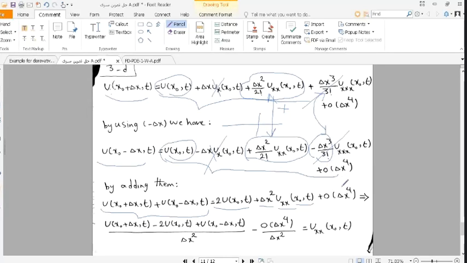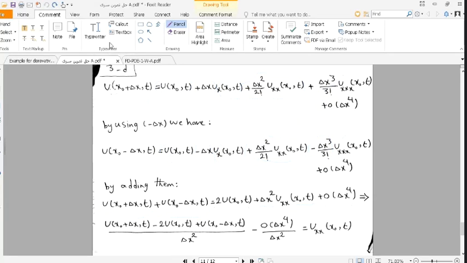Okay? At this computation the ux is simplified, and in the result we have not the u respect x, but we have uxx. At this line we have not ux, we have uxx.